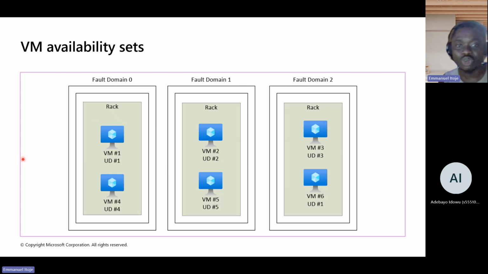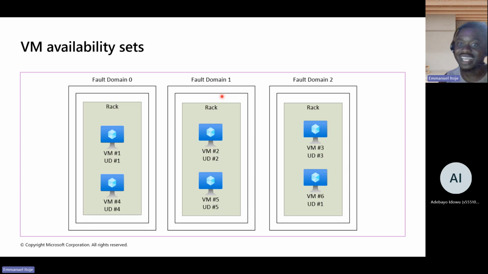Now, the fault domain grouping groups your VMs by a common power source and network switch. By default, an availability set will split your VMs across up to three different fault domains. So this is fault domain 0, you start from 0, domain 1, and domain 2. So there are three fault domains that you have there.